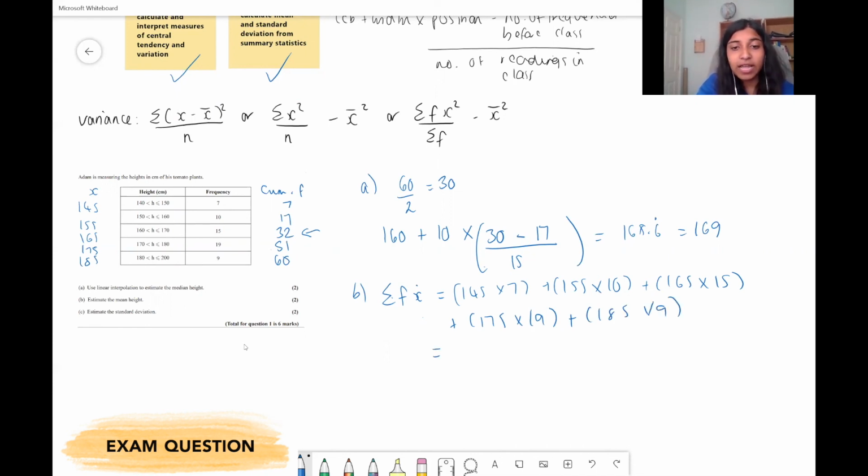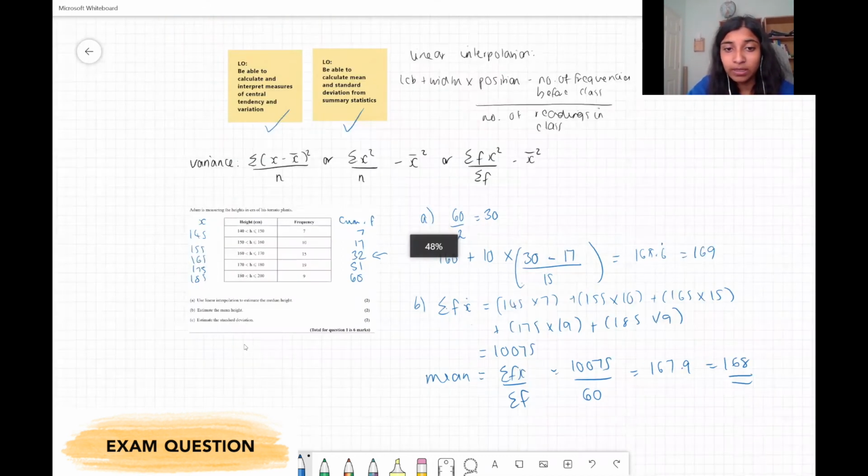And if you plug that into your calculator, you'd get that is equal to 10075. And then you know your mean is just equal to sum of fx over the sum of f. So that's just 10075 over our sum of frequencies, just 60. And that would get you 167.9, which is just around 168. So that's your answer to your mean.